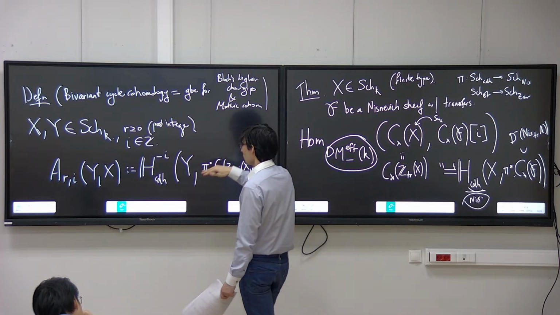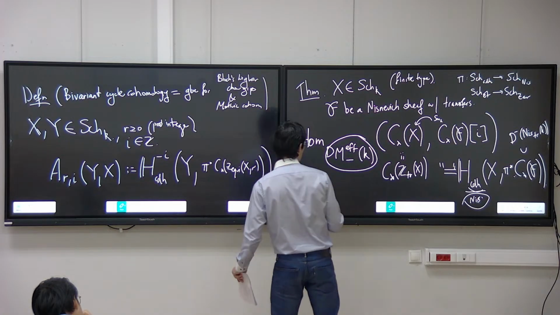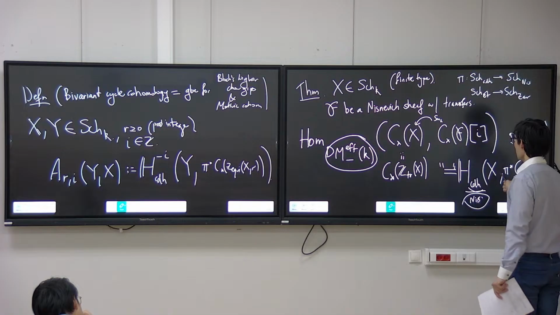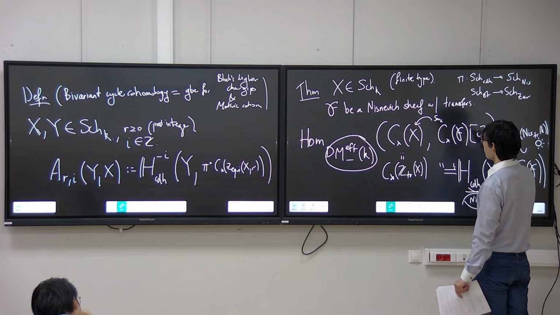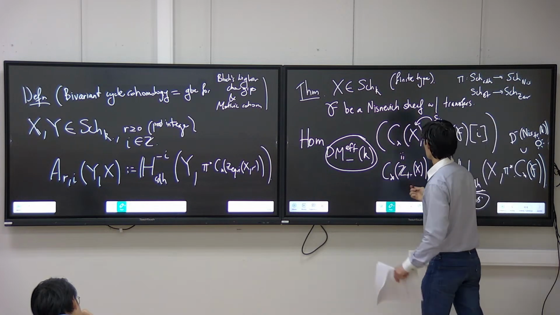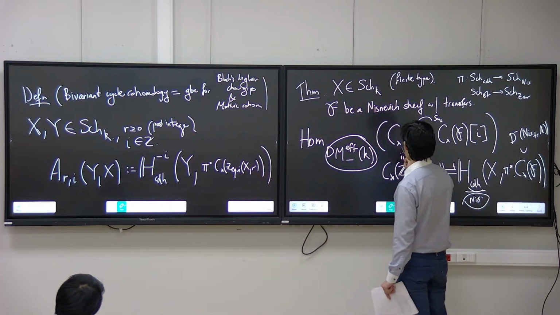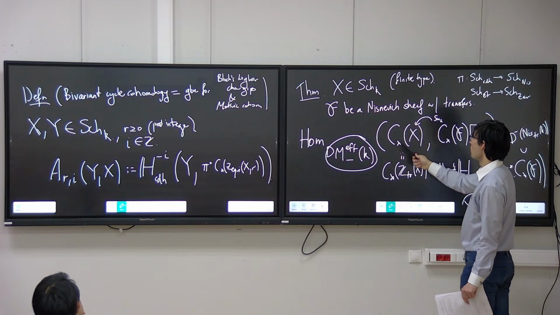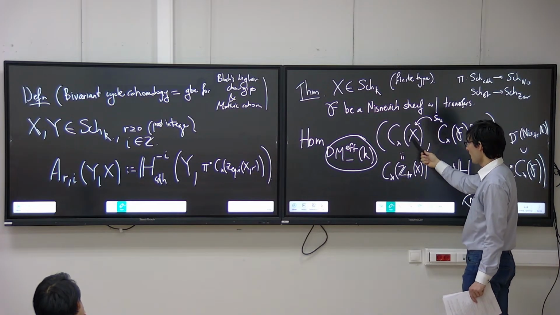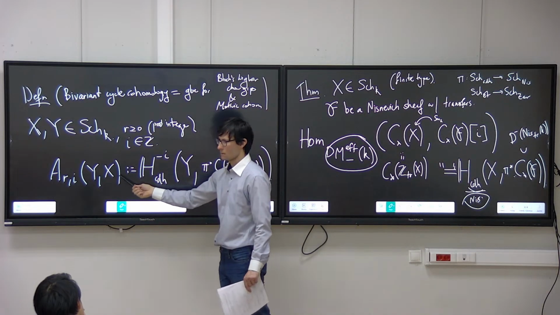Okay, so there are a lot of indices going on, and I think the main thing to keep in mind is, motivated by the fact that there is a connection between CDH cohomology and some version of motivic cohomology, we want to also vary, I mean, we want to study homomorphisms, not just to some random sheaf F, but homomorphisms between the motive attached to X and the motive attached to Y. So this explains why there's a Y and an X here, two things.